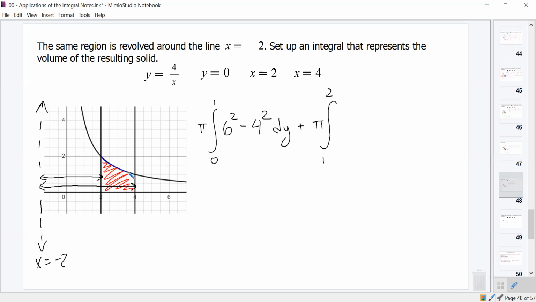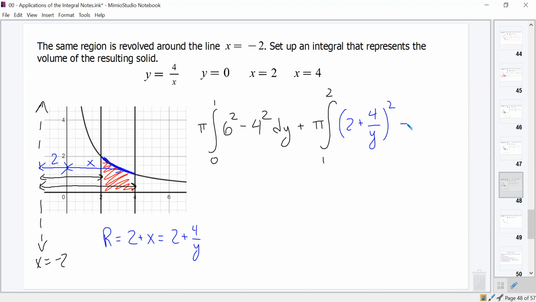Well, if we're extending over to our function from x equals -2, a portion of that is 2 units, and the other portion of that is x. So that outer radius is going to be 2 plus x, or 2 plus 4 over y. So the start of this one should be 2 plus 4 over y squared.